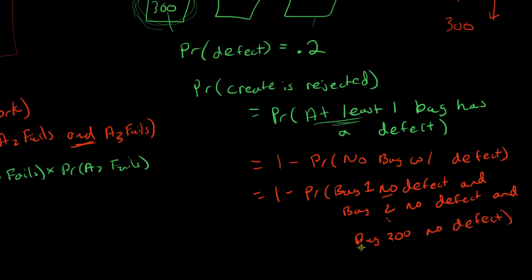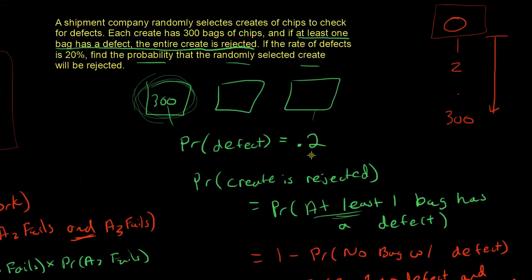Okay? All right. So now we can use the multiplication rule, right? Each of these bags are independent, and the probability that each one doesn't have a defect should all be the same, because we have this probability of a defect of 0.2.